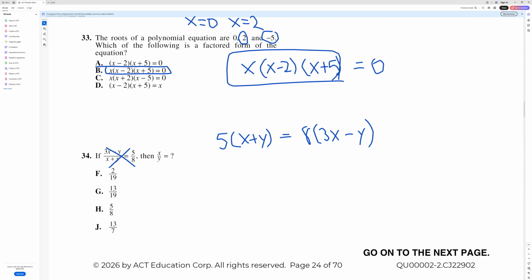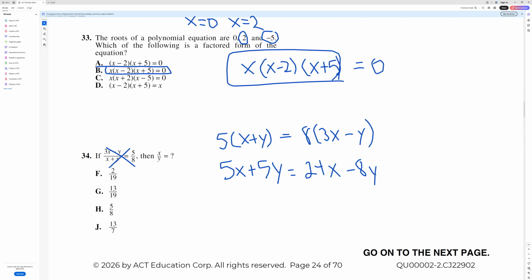So we have 5x distributing, right? Plus 5y is equal to 24x minus 8y. We want to know what y over x is. So let's go ahead and take away 24x.